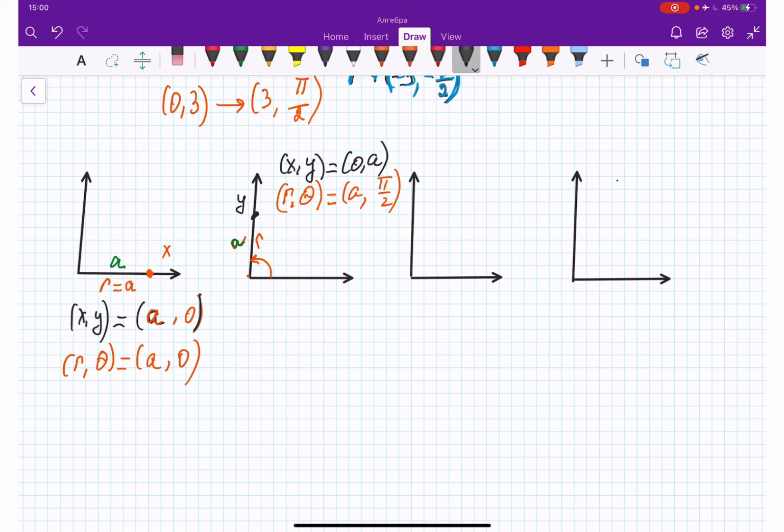Okay, next. Our point is on the negative side, here, which is going to be negative a. It's a negative number here, but the distance is going to be a, because it's a distance, right? So this way we have (x, y) equal to (negative a, 0), correct?